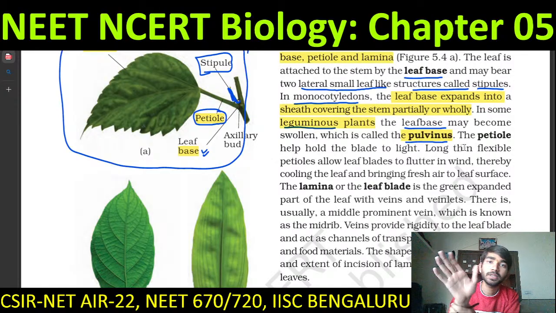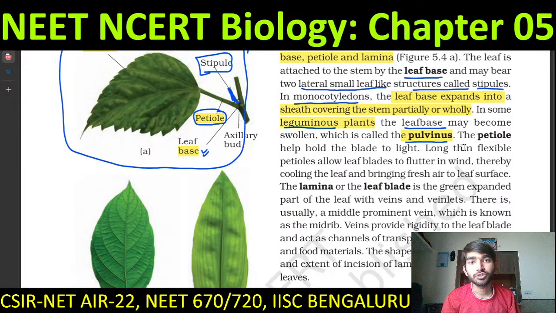So the leaf should be slightly flexible so that with the wind or some other external factors acting on it, it is able to manage its shape so that it is not destroyed because of its rigidity. There should be some kind of flexibility, and that comes from collenchyma, which is present in the leaf. We'll study that in the later chapters on different kinds of tissues in plants.